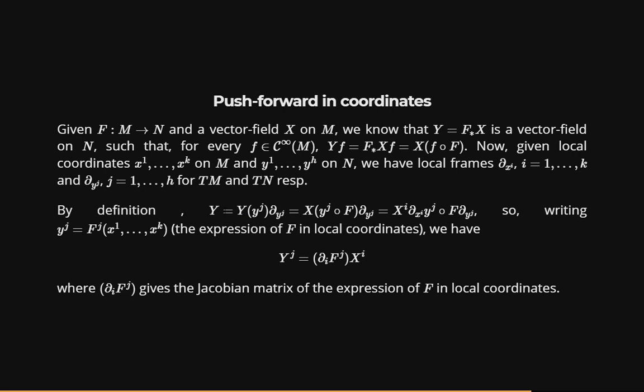So you can write y as y applied to the coordinate times the partial derivative, which is, by definition, x applied to the coordinate composed with big F times the local basis, which is, by definition, x, the component of x, times the derivative with respect to x of y.